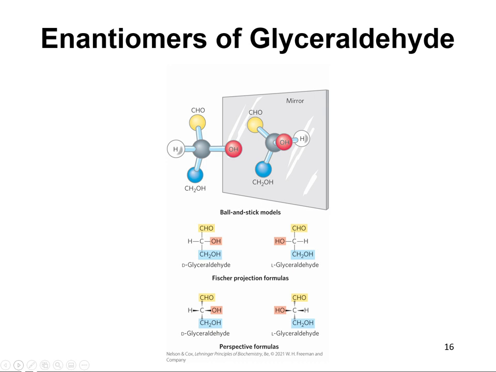This gives you another idea of what an enantiomer is. So we're looking at glyceraldehyde, and it is checking itself out in the mirror. You can see how, just because you're looking at a mirror image, there's a difference in which groups are pointing out and which groups are pointing back.